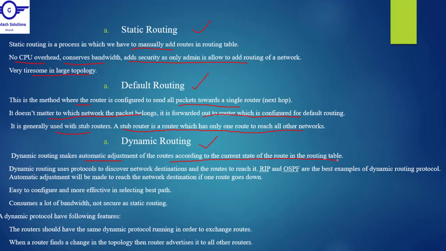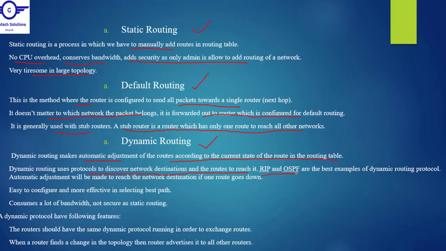It updates the routing table based on the updates it has received from the other nodes. So dynamic routing uses protocols to discover network destinations and the routes to reach them.